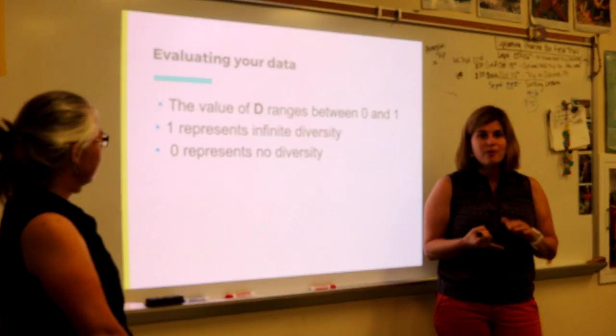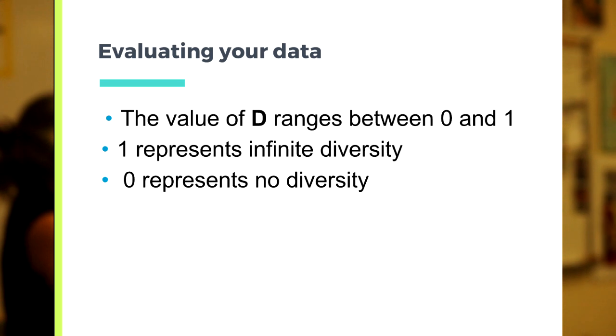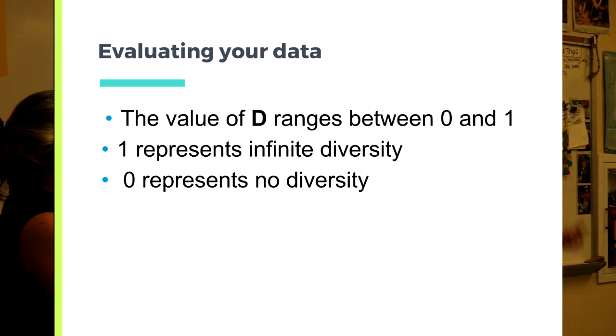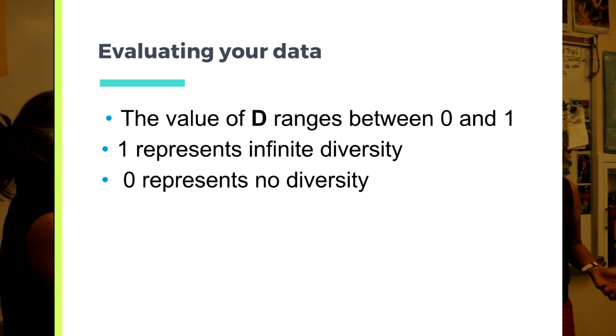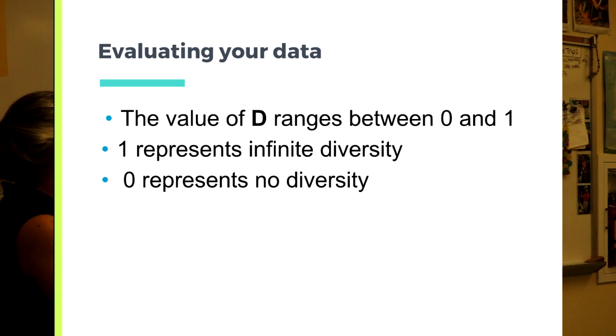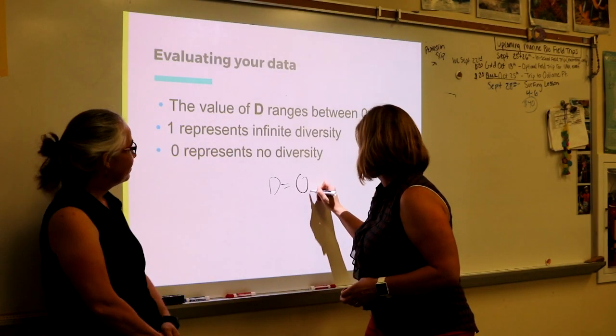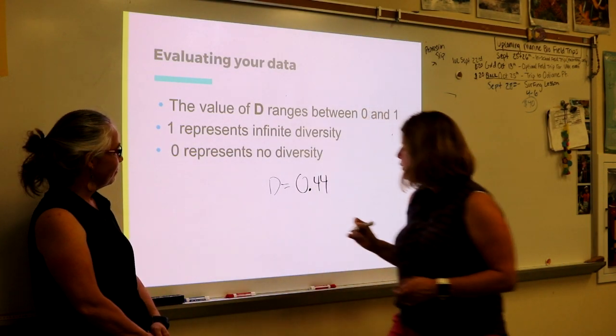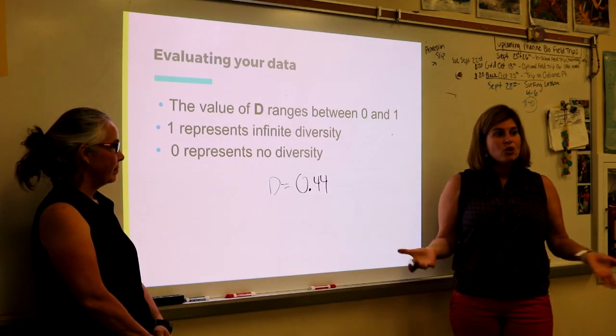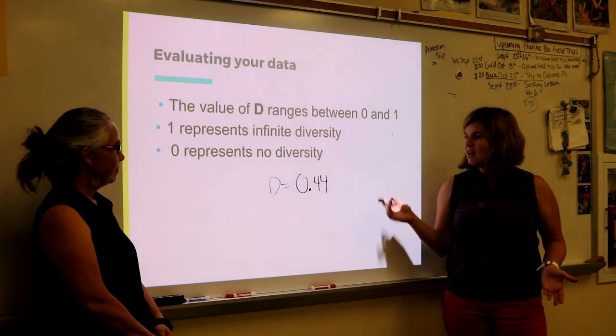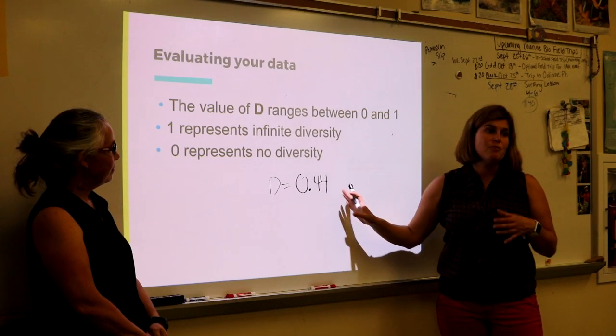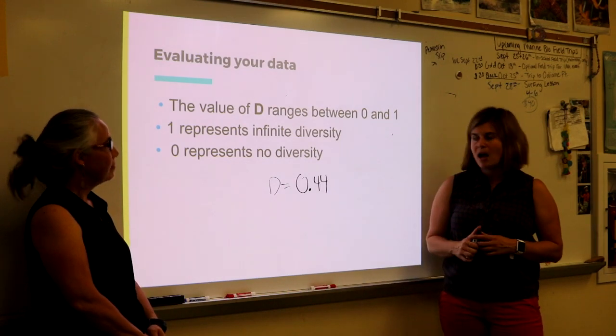The closer the number is to 1, the higher the biodiversity. The closer the number is to 0, the lower the biodiversity. Our diversity index of 0.44 is closer to 0 than it is to 1, so we would say that this represents a lower diversity value.